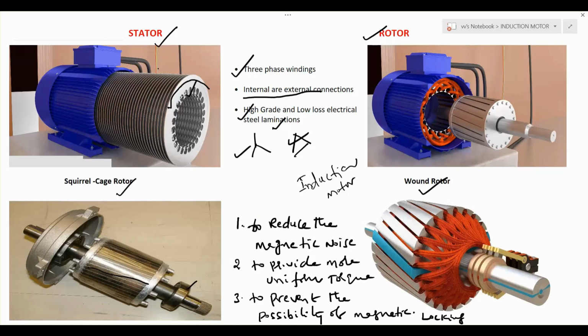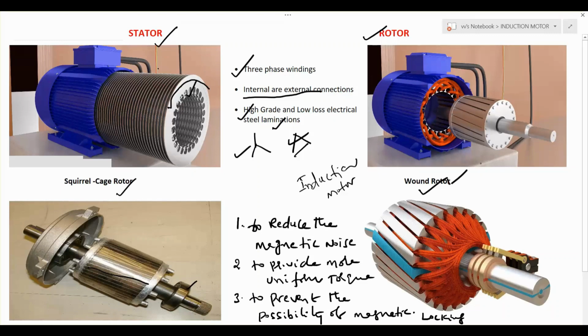Due to the magnetic field produced in the stator and rotor, there may be a possibility of magnetic locking. Because of magnetic locking, the induction motor may not work properly and maloperation may happen. So to avoid that magnetic locking, the conductors of the rotor are skewed with some angle to the shaft. These are the main reasons. These 3 points are very important.